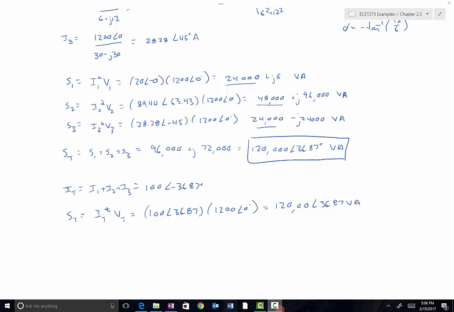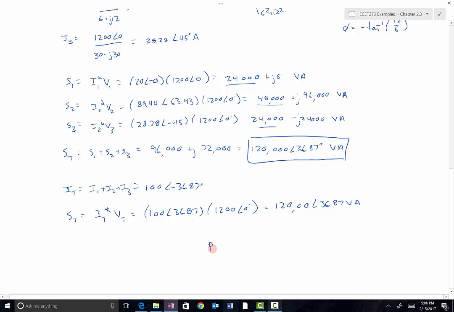Another trick that might help you in solving these is to remember that real power is due to resistive portions only, and reactive power is due to reactive portions only. So we'll take S2 for example.